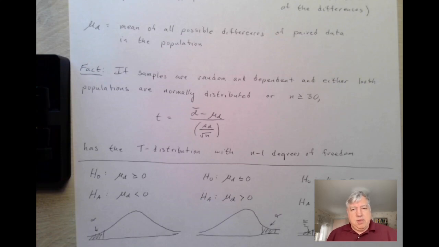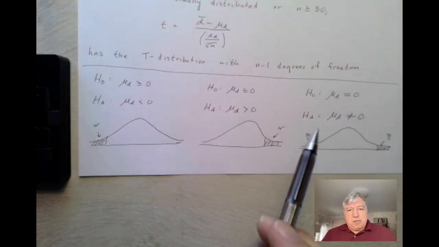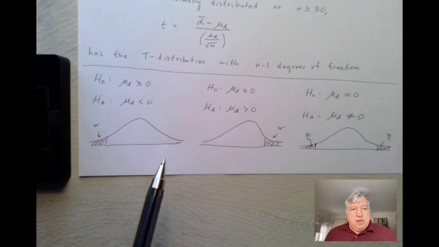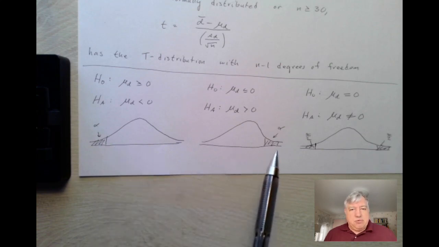The actual process of hypothesis testing is not really that much different from the other cases, and I didn't write them down in the notes because you can look at them in your book, but they're very similar. After you verify everything is random and dependent, and the sample size is right or the population is normally distributed, you write down your null and alternative hypotheses, identify the claim, specify the level of significance, and then find your rejection regions and critical values.